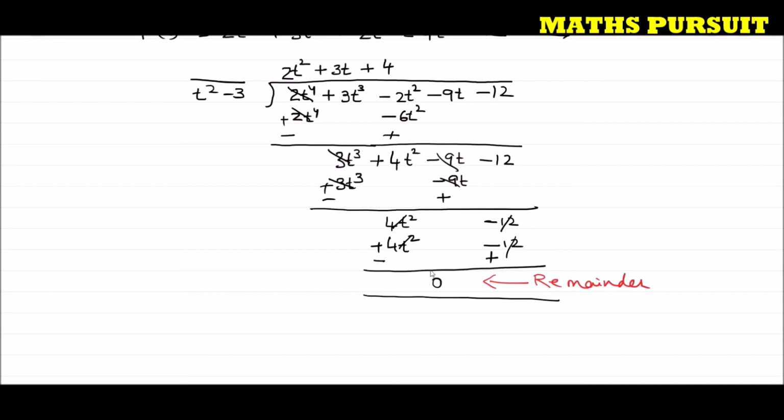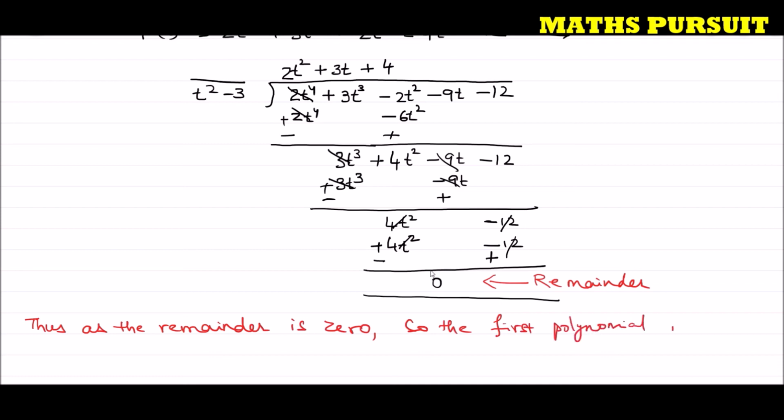So we can easily conclude our answer saying that, thus as the remainder is 0, the first polynomial is a factor of the second polynomial. Hope guys you understood this.